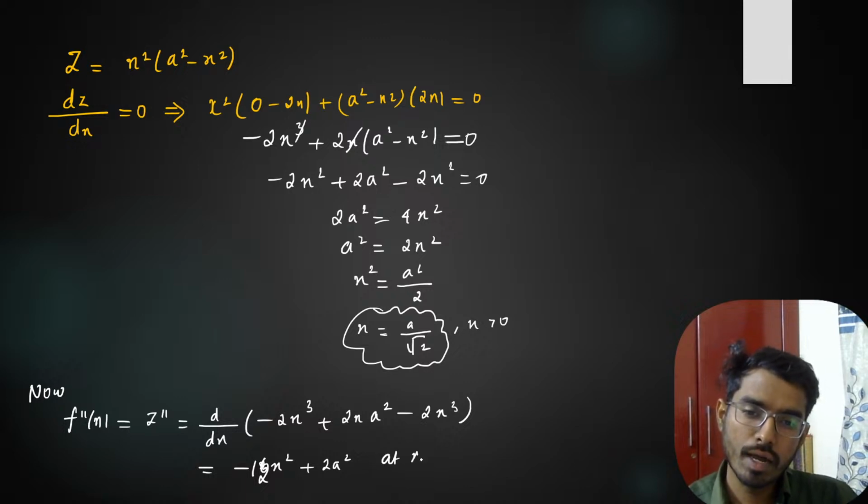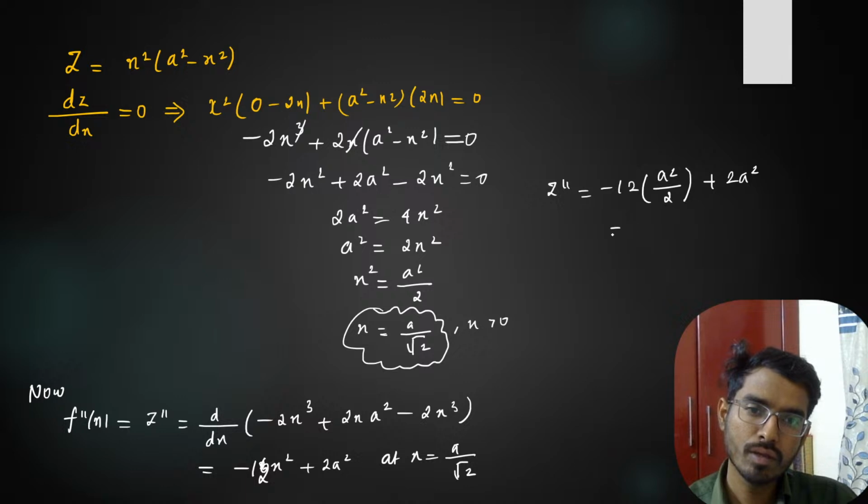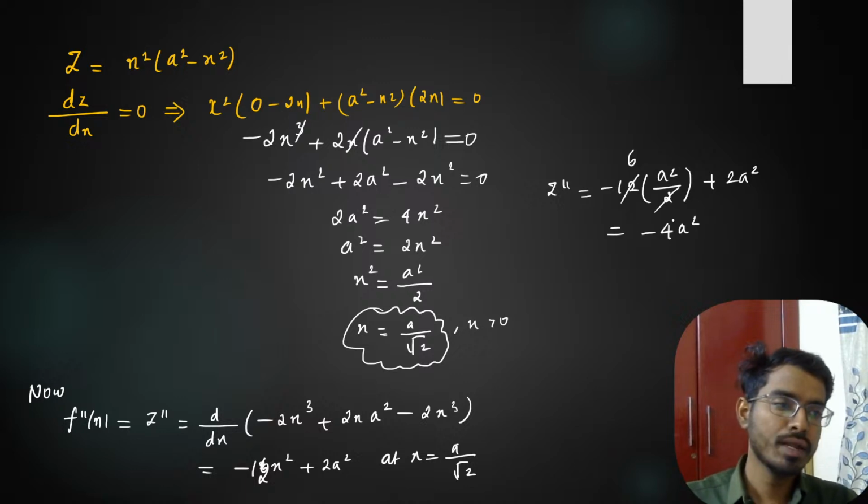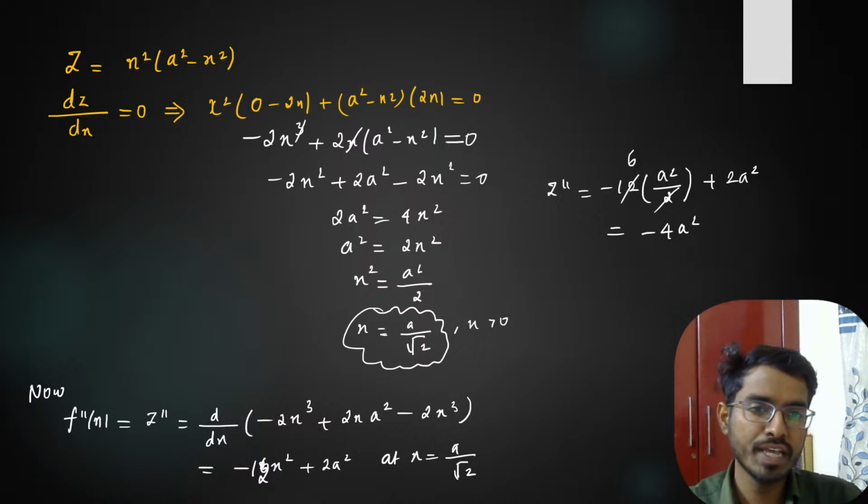Now at x is equal to a by root 2, what will happen to this z double dash? So minus 12 times x square, which is a square by 2, plus 2a square. So this is 6. You will have minus 4a square, right? Z double dash turns out to be minus 4a square. This is always less than 0, right?